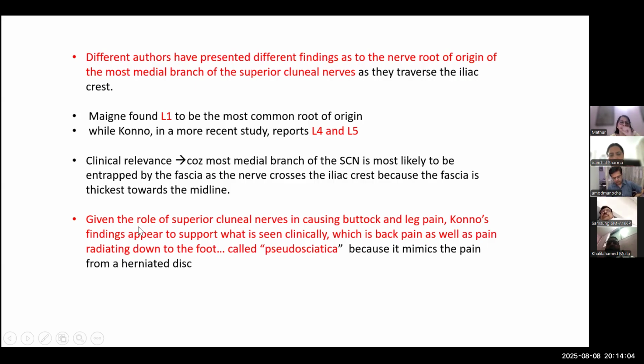So given the role of superior cluneal nerves in causing buttock and leg pain, Kono's findings appear to support what is seen clinically, which is back pain as well as pain radiating down to the foot, called pseudosciatica, because it mimics the pain from a herniated disc. So that is why this becomes important.